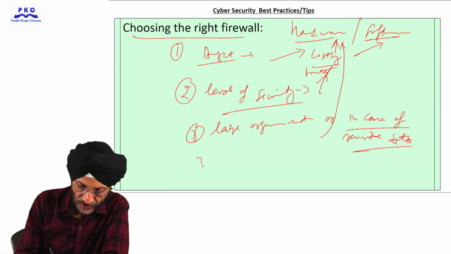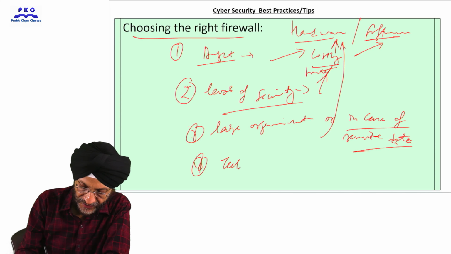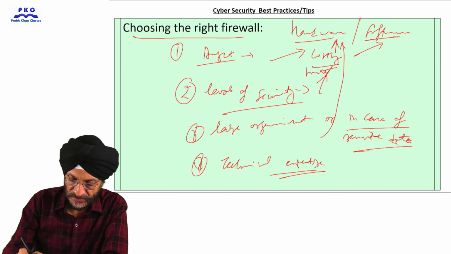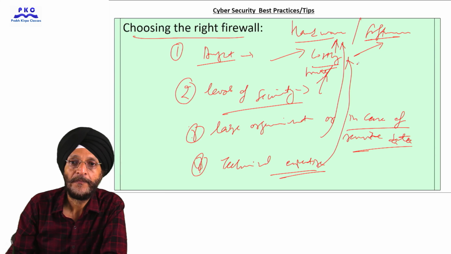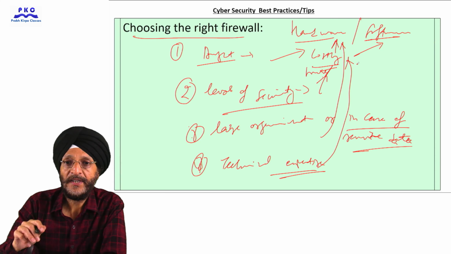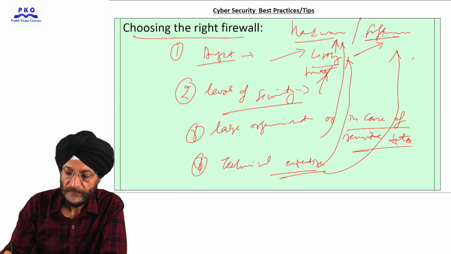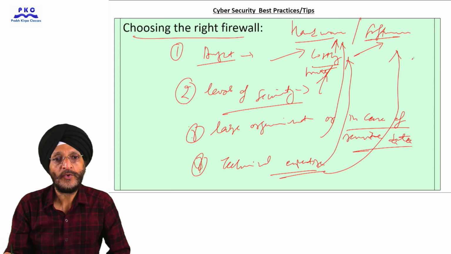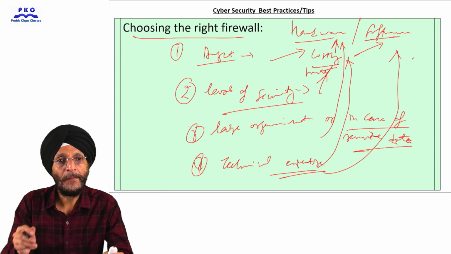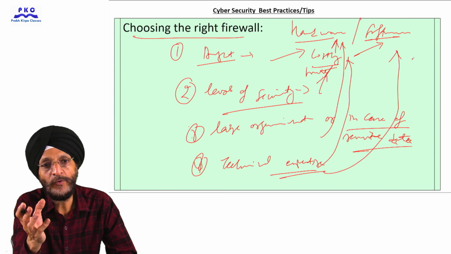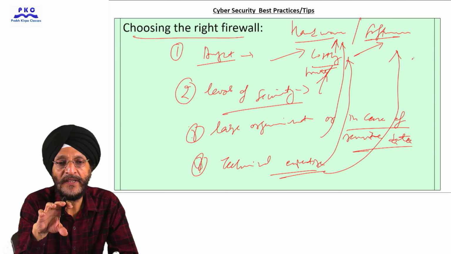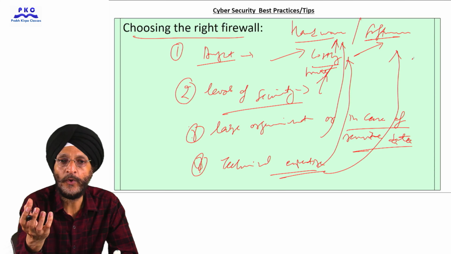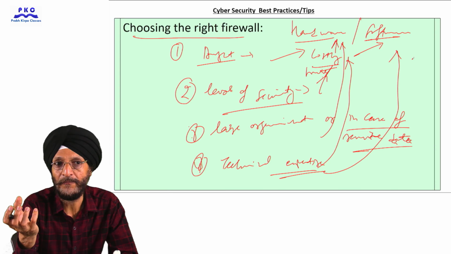It must also be noted that the technical expertise required to install hardware firewall is more. However, it is easy to install and update software firewall. So depending on these factors, we have to decide at our own level whether to use hardware firewall for our network traffic or software firewall.